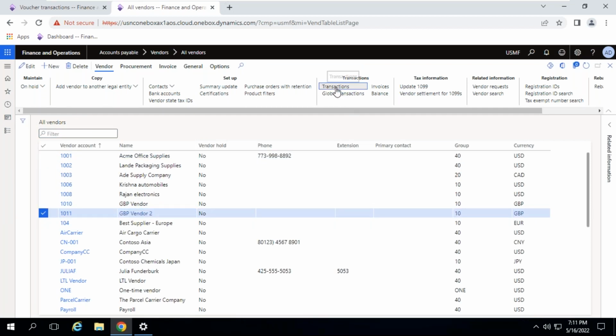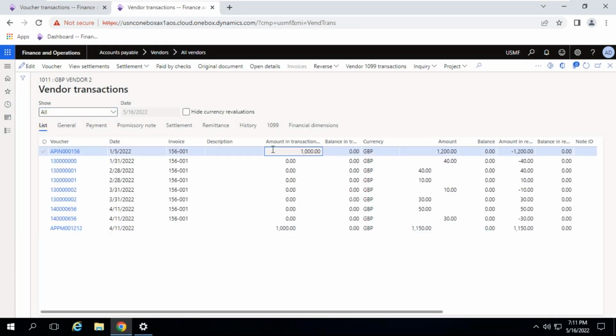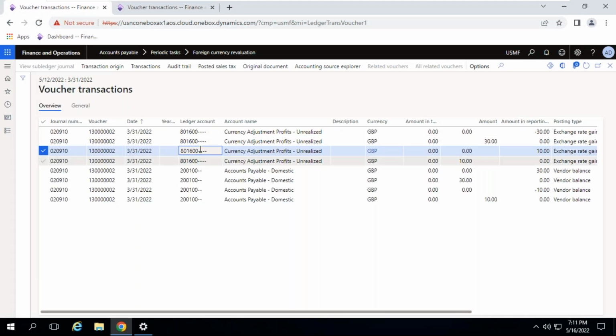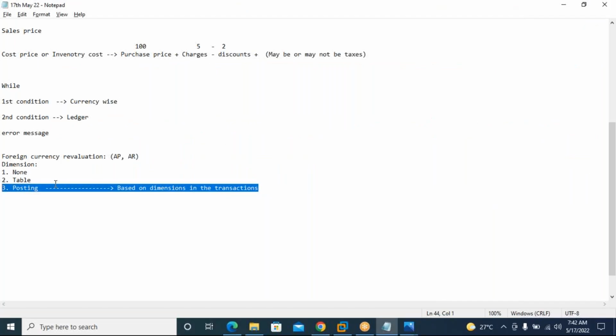For this we have transactions. This 1000 transaction, whatever it was posted, 1000 GBP means $1200 US. If the transaction has dimensions configured, those dimensions will be posted to this combination also. That is posting. Clear? Whenever you are doing a vendor invoice, whatever dimensions are there will be considered while doing the transaction.